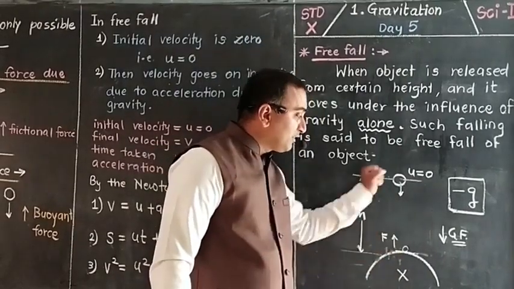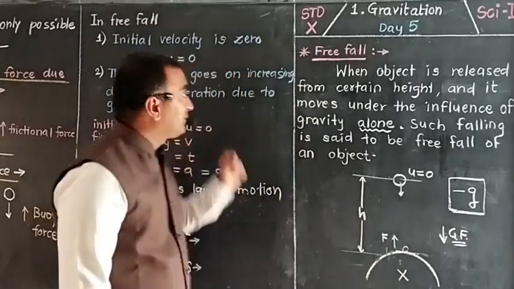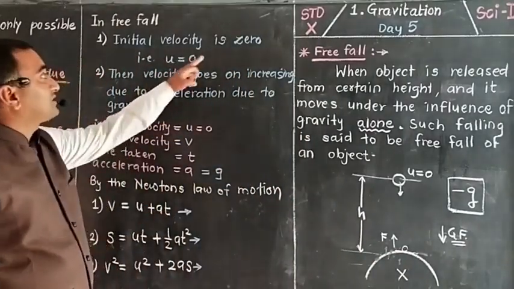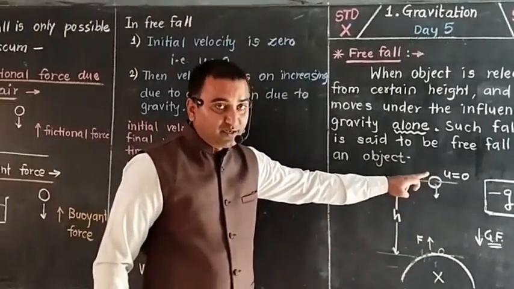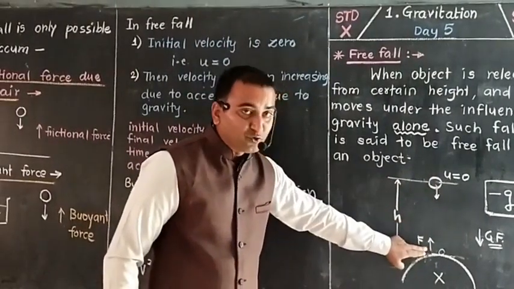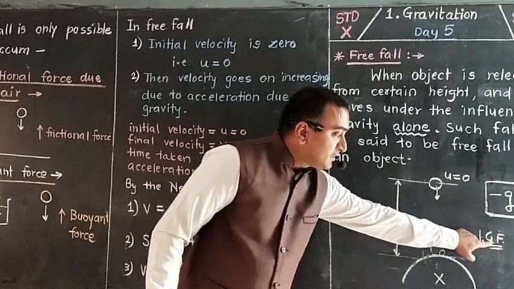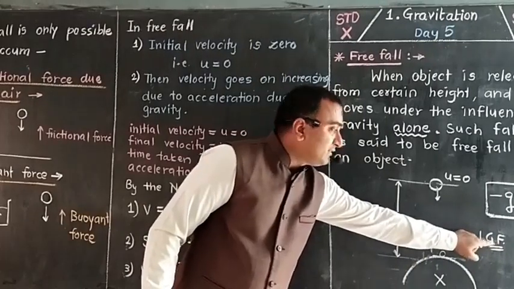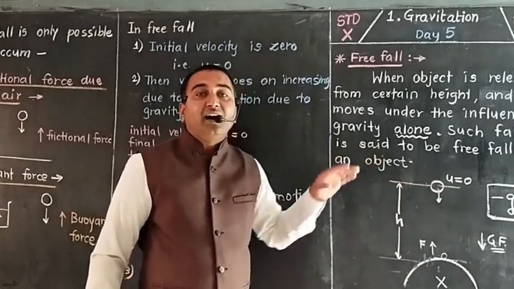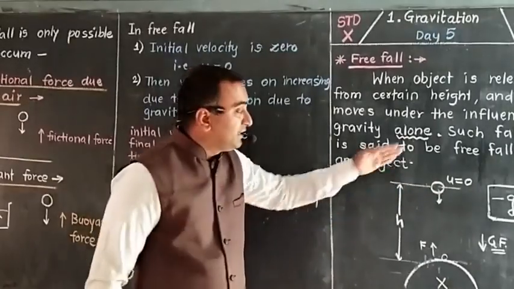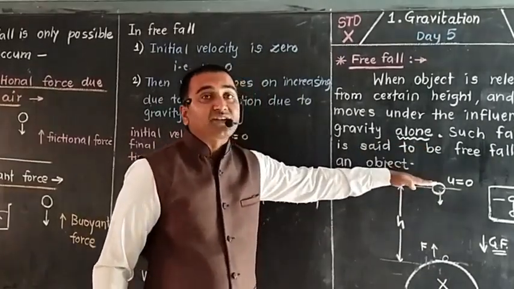See what the important factors within this free fall are. Number one, initial velocity is 0. When the object is going upward because of the given force, and gravitational force is acting on it, it reaches a certain height, and after reaching that height it becomes stationary.